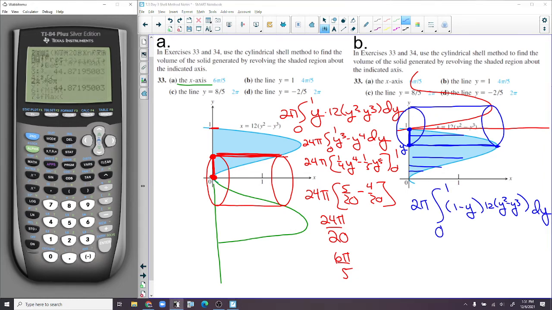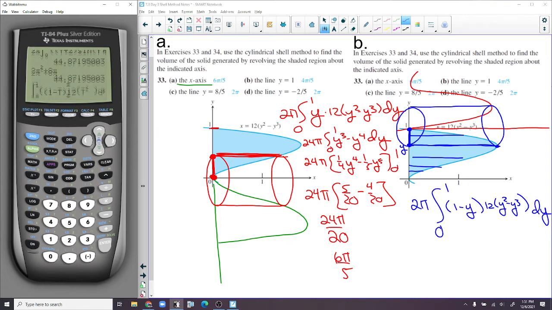So math number 9, 0 to 1. The answer is 4 pi over 5. So I need this to be 2/5. If that's 2/5, it's 4 pi over 5. So 1 minus y, or the variable. We're in parametric, so it has t's there. It doesn't matter.